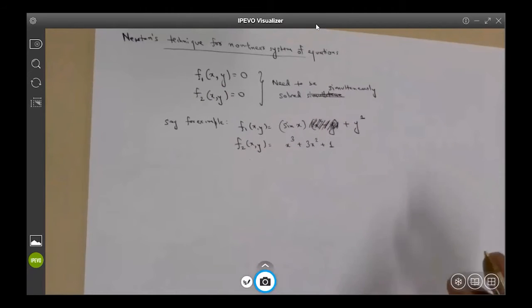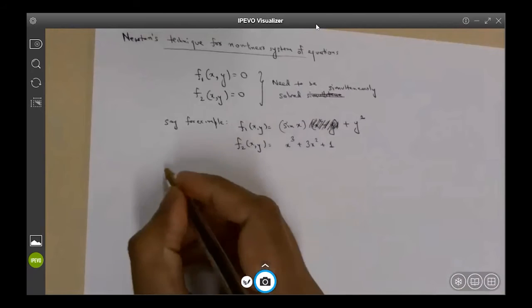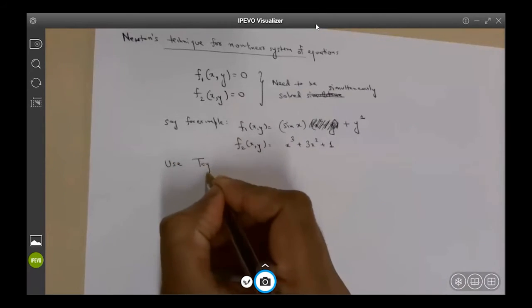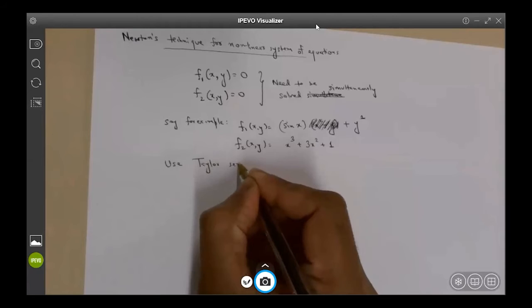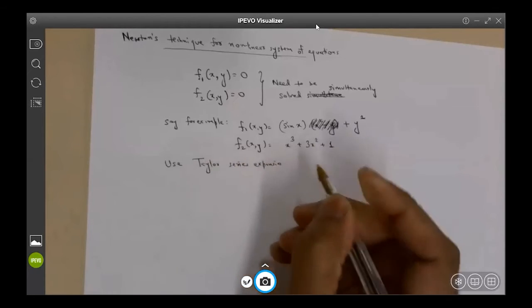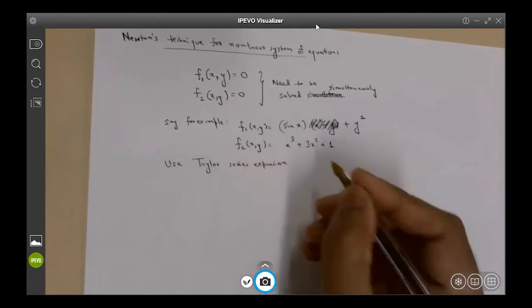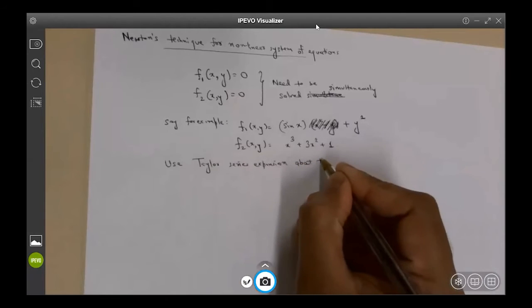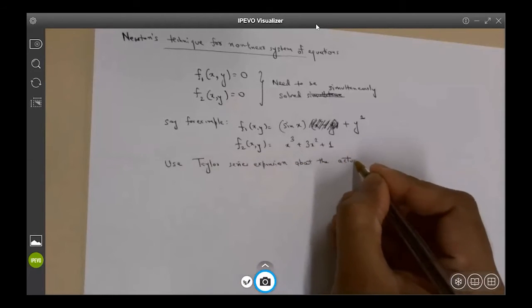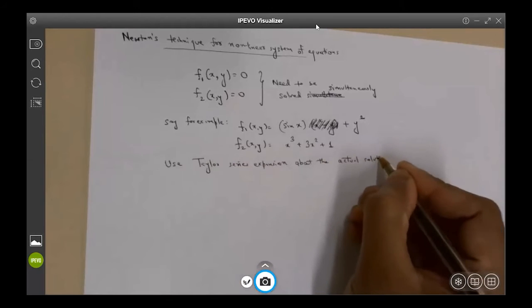So when you have to find the solution for that, what you can do is use a Taylor series expansion about the actual solution.